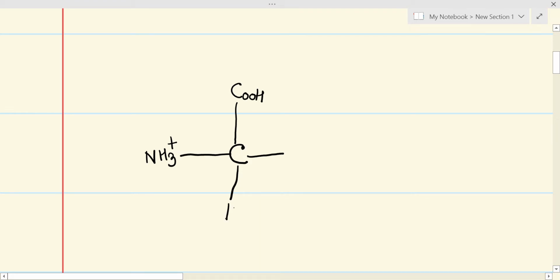We have the R here. R is variable. It will define the nature and property of a particular amino acid. And we have a hydrogen atom. This is the simplest structure one can imagine for an amino acid.